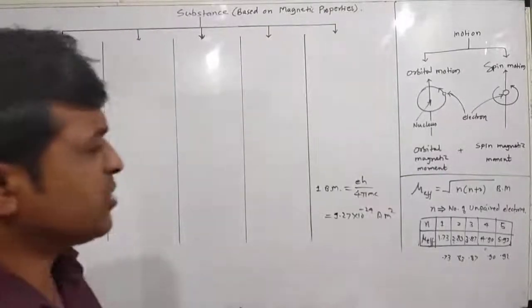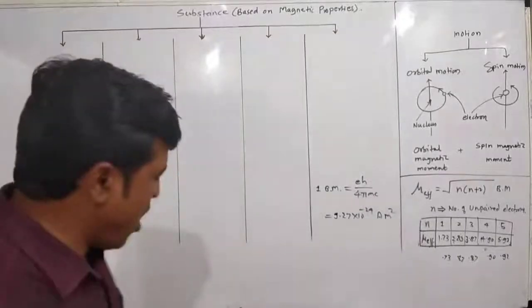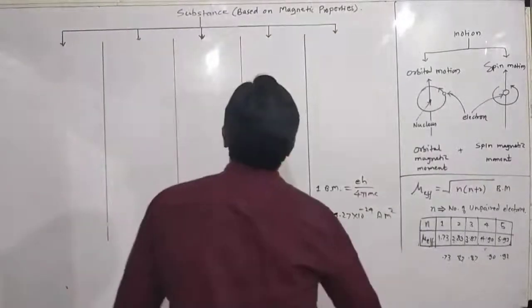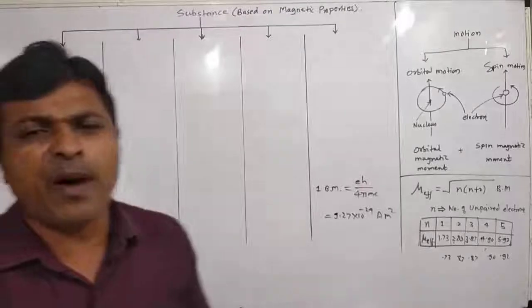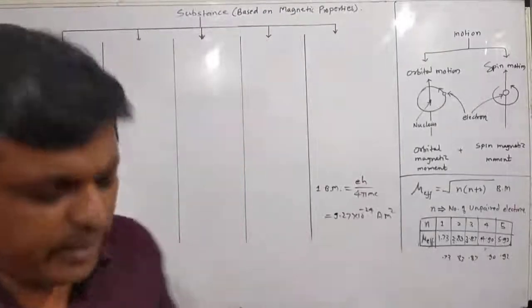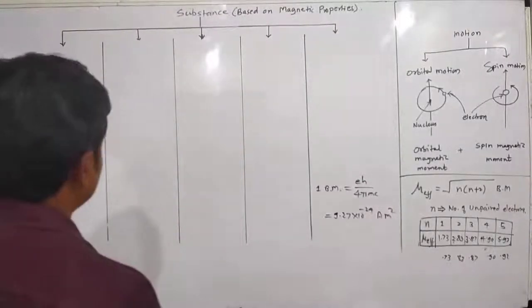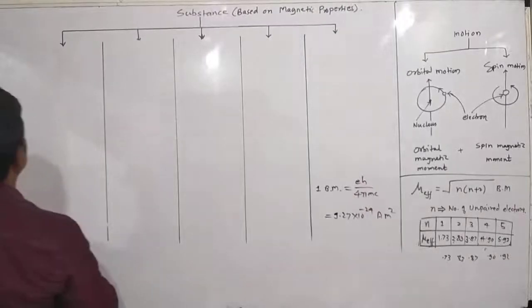On the basis of magnetic properties, substances are classified into 5 types.